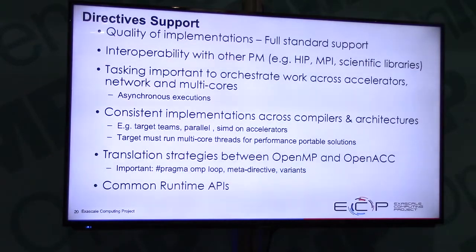So what the community is really asking for in the context of directives for OpenMP is quality implementations and full standard support across architectures, and interoperability with other programming models. Tasking is important in OpenMP to orchestrate the work across accelerators, the network and the multi-cores.